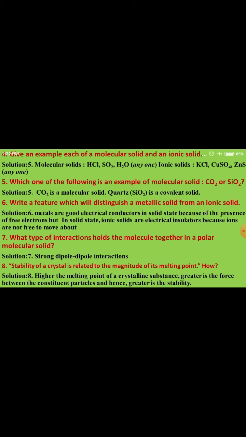Write a feature which will distinguish a metallic solid from an ionic solid. So here, on the basis of conductivity, you will differentiate metallic solid from ionic solid. Metals are good conductors in the solid state, liquid state and gas state because of the presence of free, and also you can write mobile, electrons.